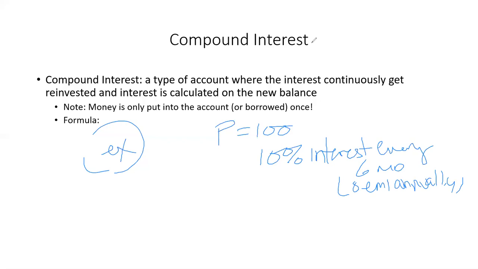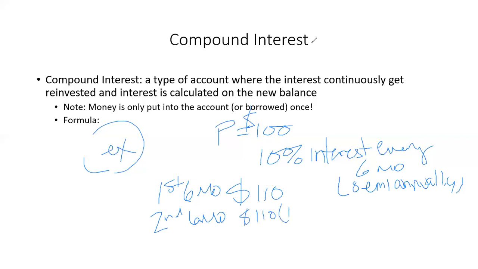What's happening here is we've only had to put in $100, but after our first 6 months, that first amount of interest is going to come into our account. So 10% of 100 is $10. So now in our account, we have $110. What that means now is going into the second 6 months, it's going to take 10% of that $110.